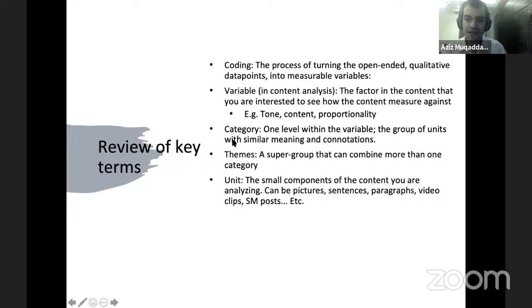Themes, sometimes you would see this. Sometimes people would say categories, sometimes they would say themes. Themes are sometimes used when you need to combine different categories into a larger category. So if you're analyzing, let's say, an Instagram account of an influencer or celebrity you're watching, it could be brand promotion and self-promotion.